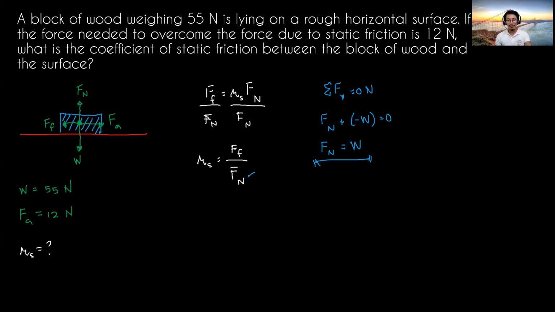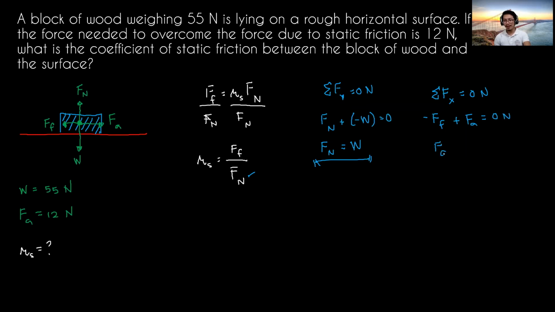How about our Ff? Where do we find Ff? Along the x. So we use the summation of forces along the x is 0. You have Ff, which is negative because it is directed to the left, and we have Fa, which is positive.